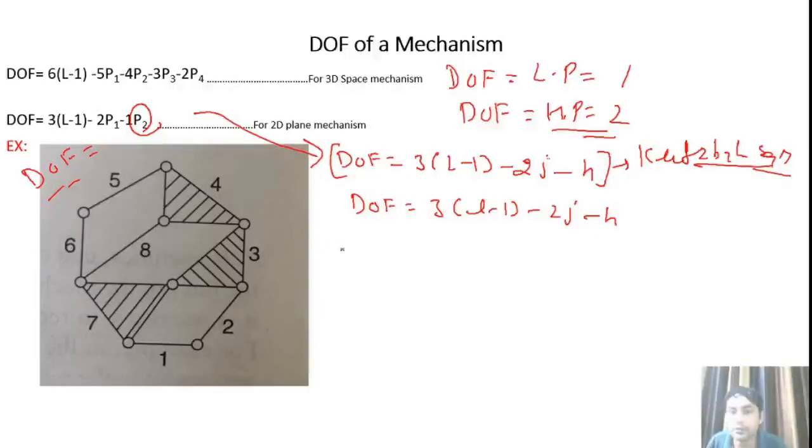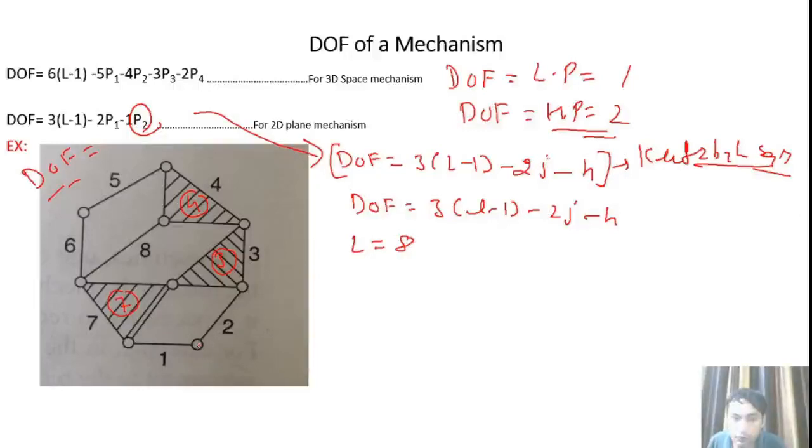Number of links L is equal to 8. My dear, this whole hatched portion is equal to 1 link. Remember this. This whole is 3 links. This is the 4th. Because there is no relative motion between these arms, every hatched portion represents a single link. So the number of links is equal to 8.